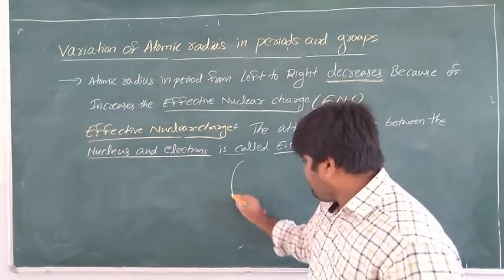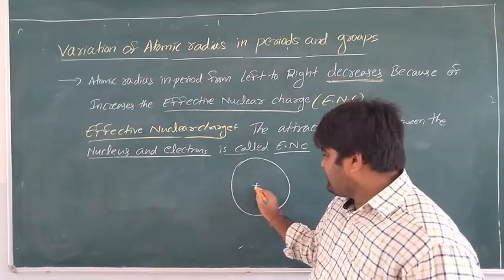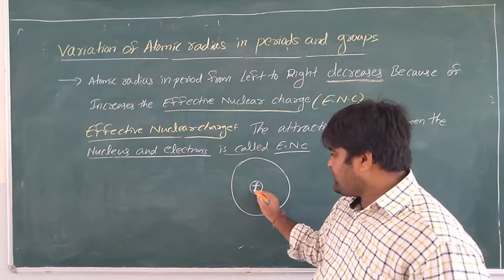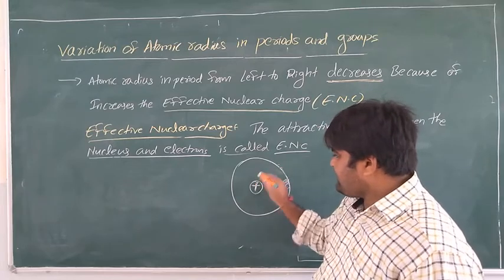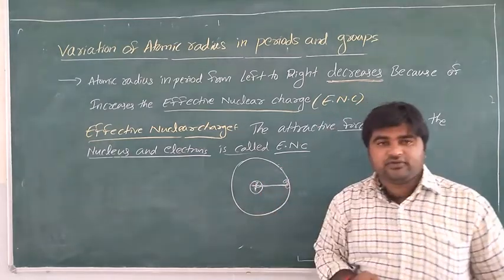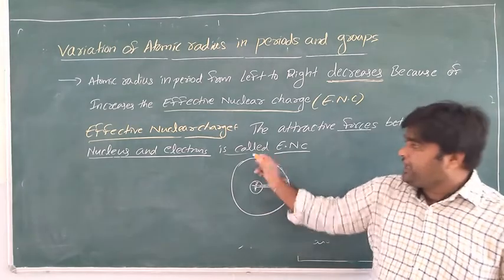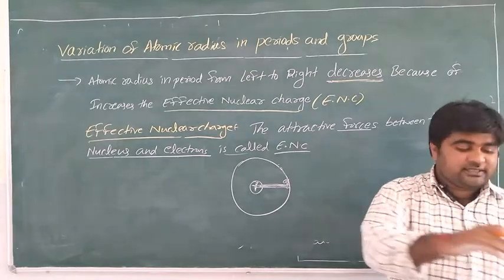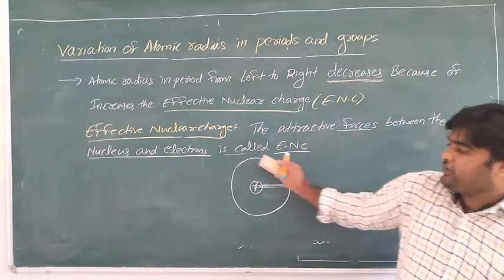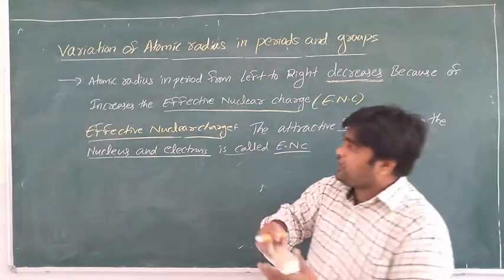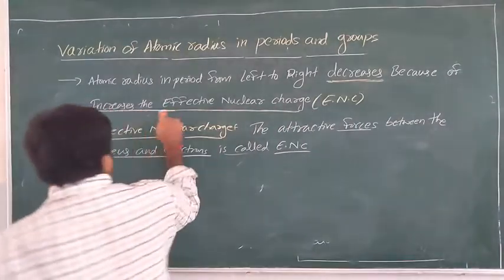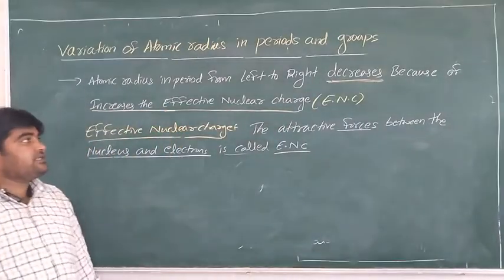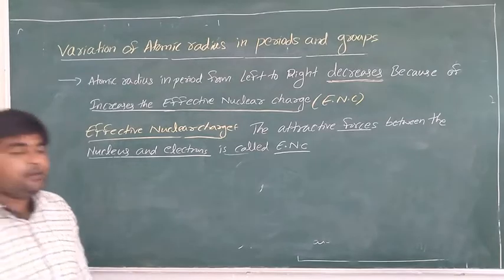See here. For example, this is one atom. This is the nucleus, which has positive charge. Here is the negative charge of electrons. Between them there is an attractive force. This force is called effective nuclear charge. In periods, the effective nuclear charge increases.